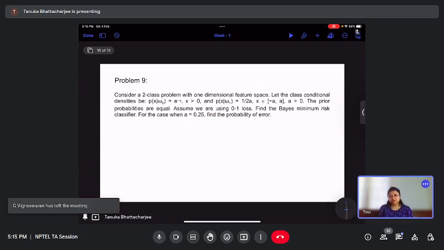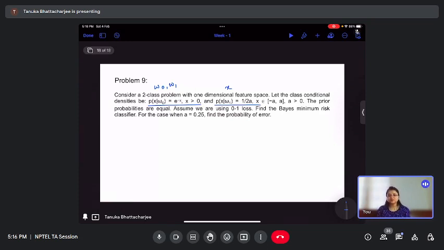So, in this problem, this is also a 2 class problem. The classes are, let us say, omega 0 and omega 1 with a one dimensional feature space, denoted by x. Let the class conditional densities be: probability of x given omega 0 is exponential, and probability of x given omega 1 is a uniform distribution 1 by 2a in the range minus a to a.